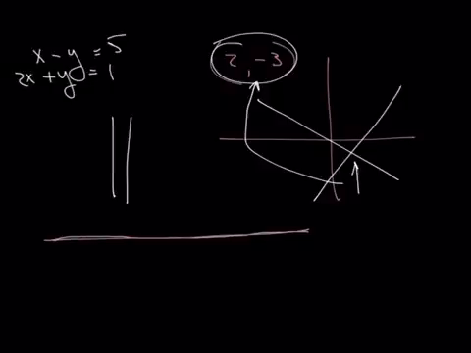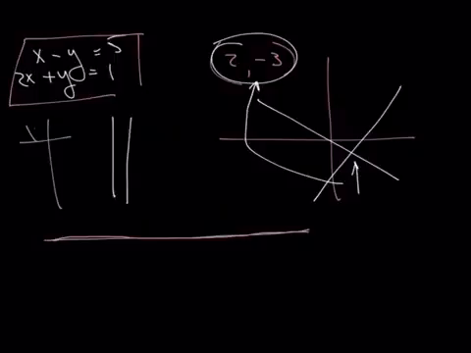So this one has 1 point in common, this one has no points in common, and this one has all points in common, infinite points in common. Okay, so those are your three different options for an answer. So if you are solving a system of equations graphically, pretty much what you're going to be doing is making your xy axis.